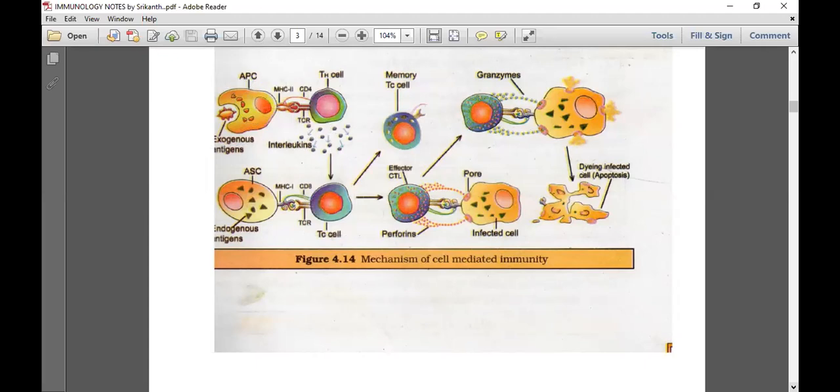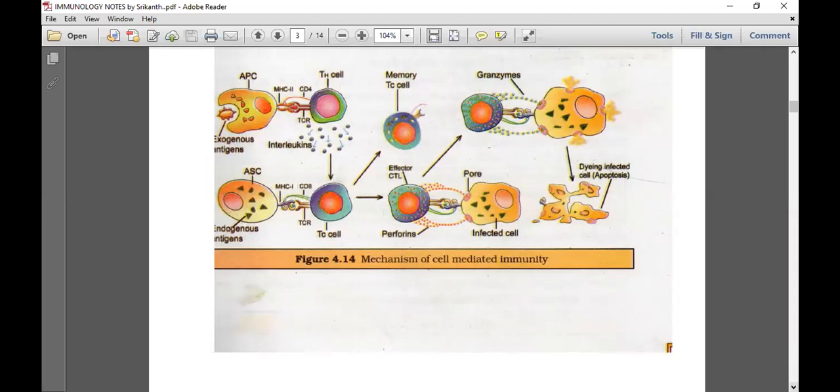Then next, the altered cell. What is an altered cell? An altered cell is a nucleated cell which contains MHC class 1 molecules. That works with endogenous antigen. That means a cell which contains a nucleus, our body cell. When a microbe enters inside, we call it an altered cell.